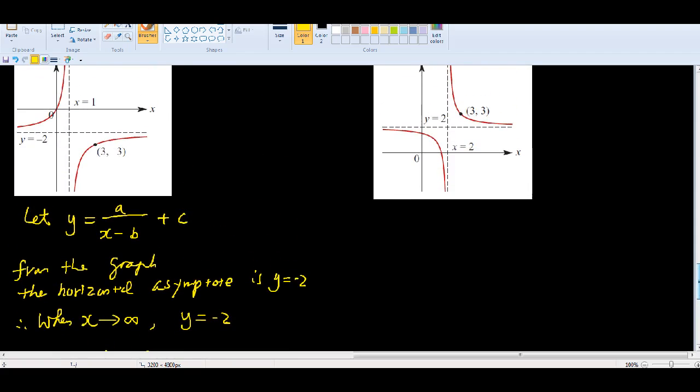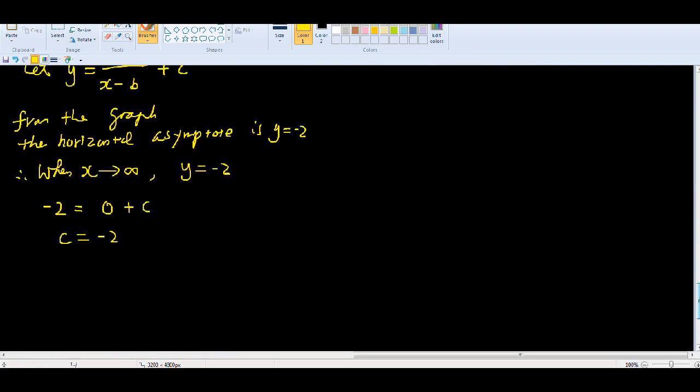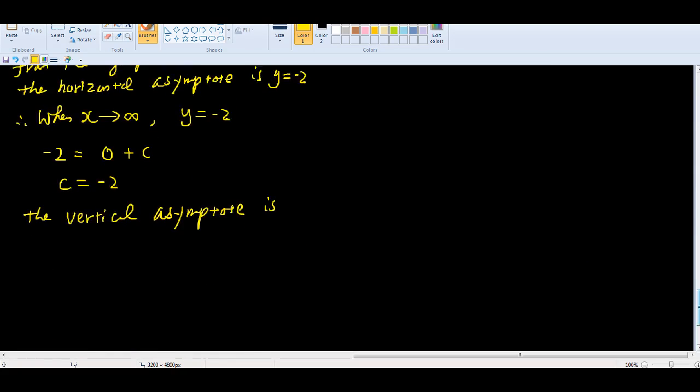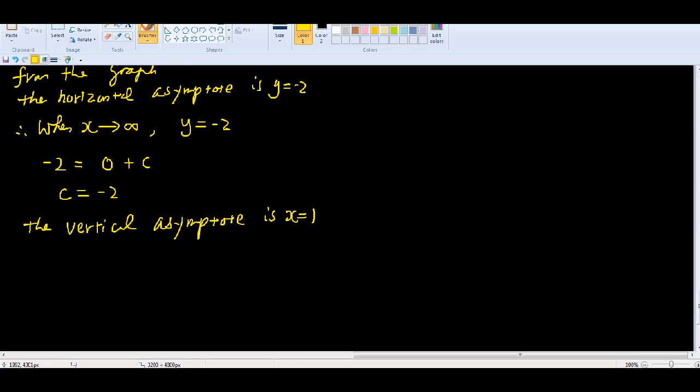Okay, could we use the vertical asymptote? Okay, the vertical asymptote is x equals 1. Okay, so how can we use this? We say when y is undefined, x must be equal to 1.